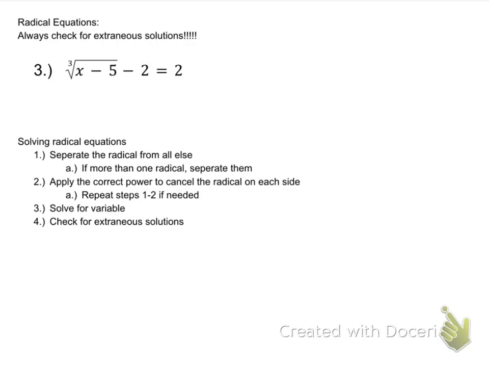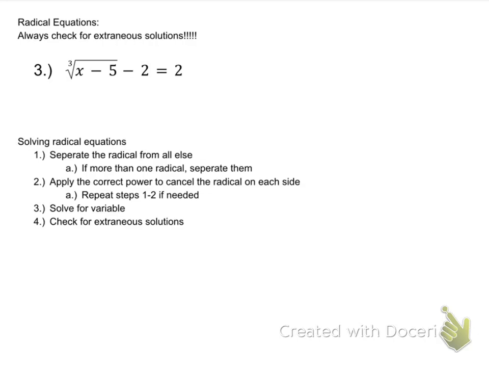That's part 1. As a subnote to part 1, it says if there is more than one radical, you will try your absolute best to put one radical on the left and one radical on the right. Separate them out and have them that way.